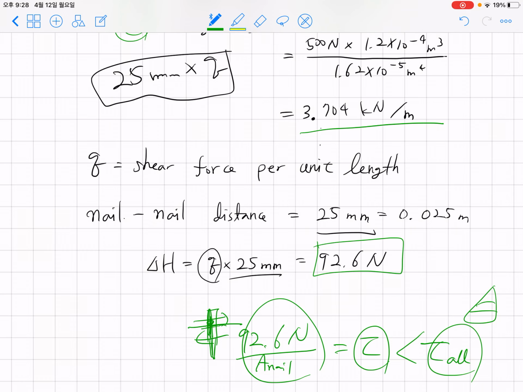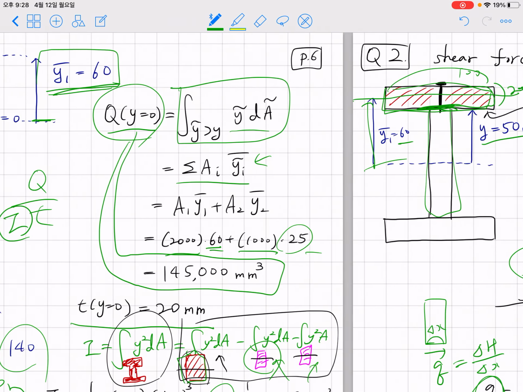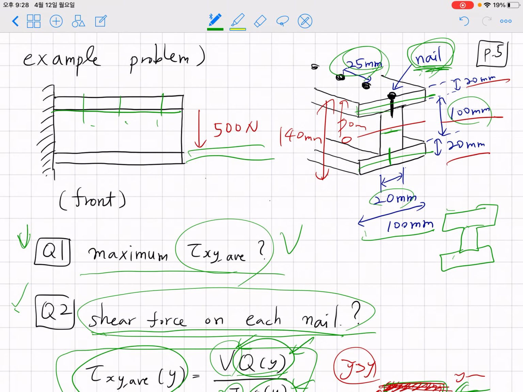If the nail is made out of steel, it should be the allowable stress of the steel. Okay, so by comparing the material property of the nail and the shearing stress applied to the nail, then you can say whether the design is reliable, at least for the sake of the safety of the nail. Okay, so with that we can answer the problem with two questions.